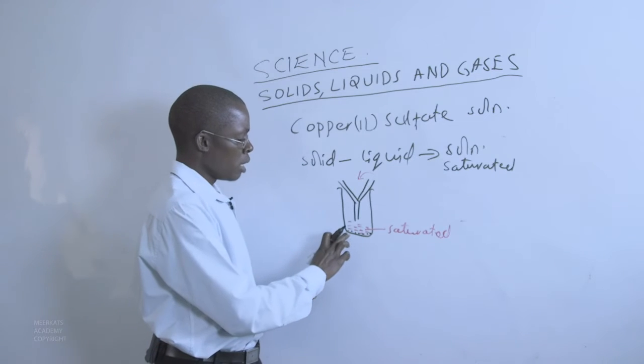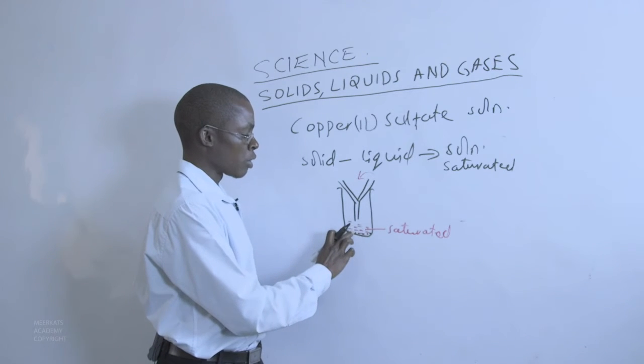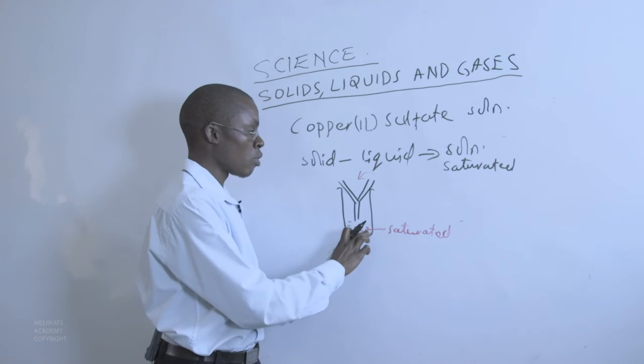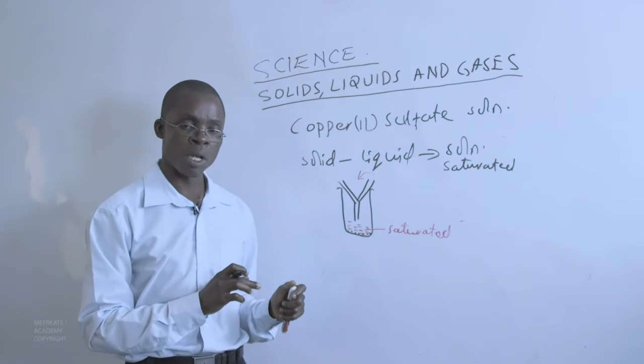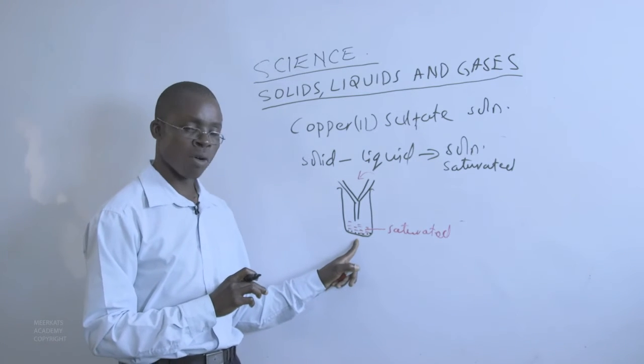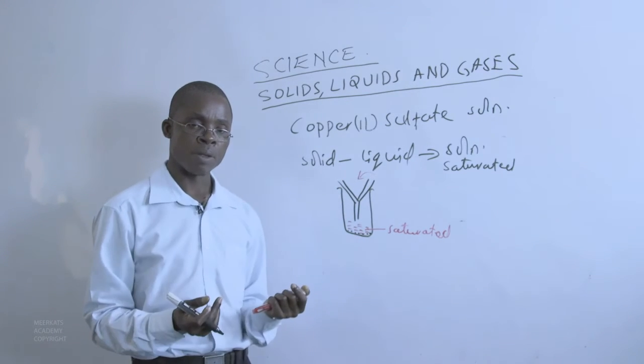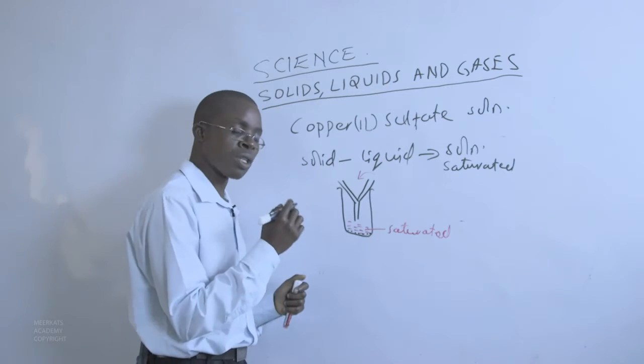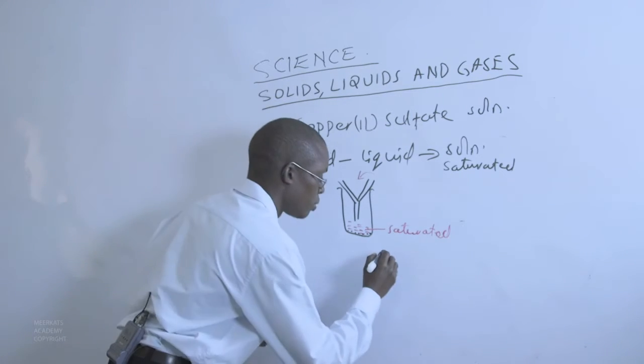So these are solids, blue crystals of copper 2 sulphate being formed on the bottom of the container. Why? We have just mentioned the word cooled.